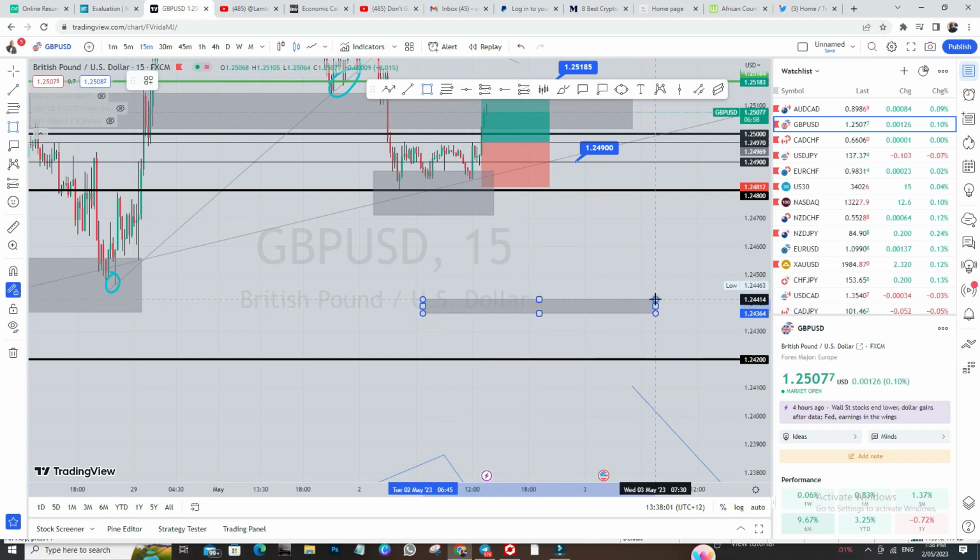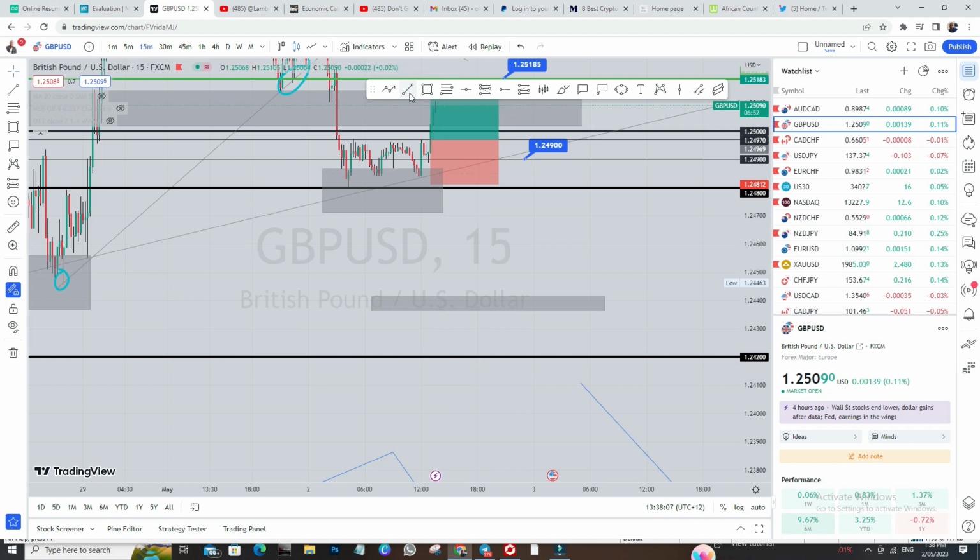For example, say you have a structure created here. If I have a bullish bias and the intention to buy, I'll wait for price to break past this level, come back to retest it, and establish consolidation here. Then price begins to push in the direction of this bullish tendency, which is a buy.